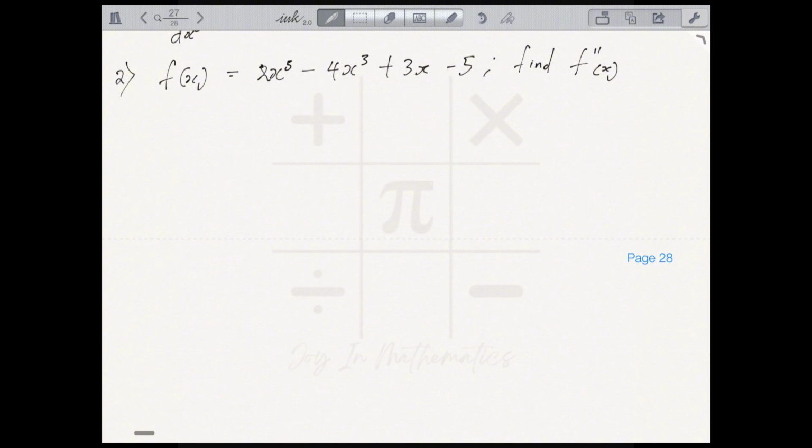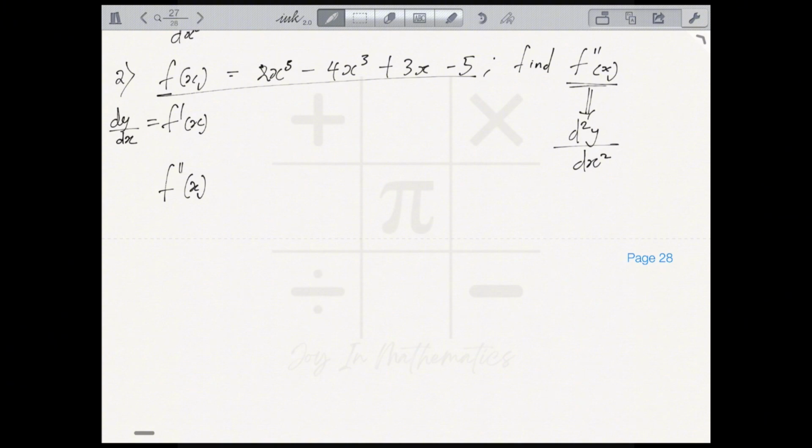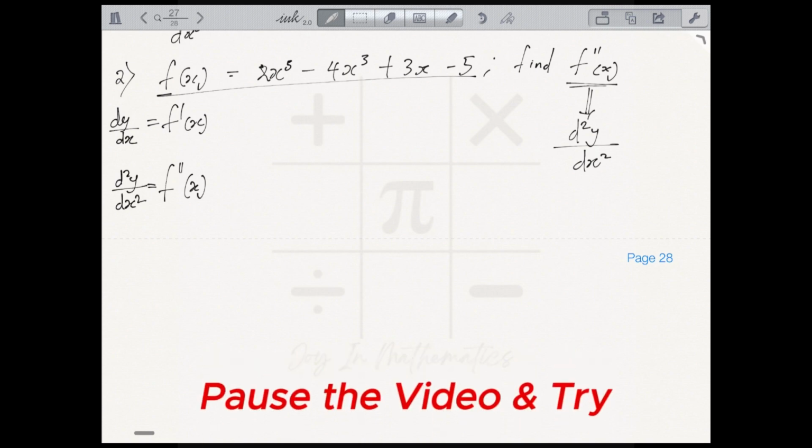Now this f double dash is the same thing as writing d squared y over dx squared. That means we are going to differentiate f of x 2 times. In that case, let's differentiate the first time, and secondly, we will differentiate the second time, because this is an expression for dy/dx, and this is an expression for d squared y over dx squared.